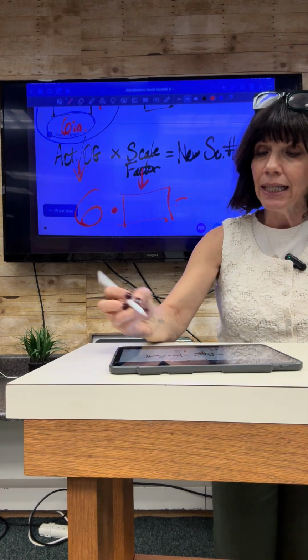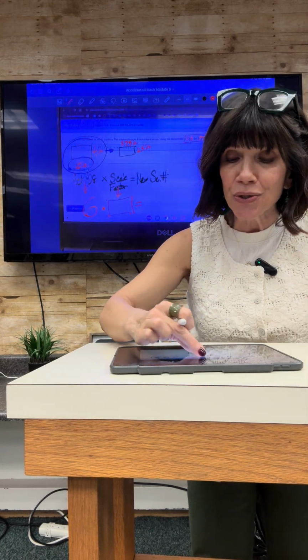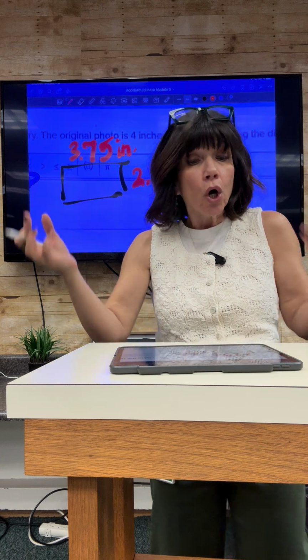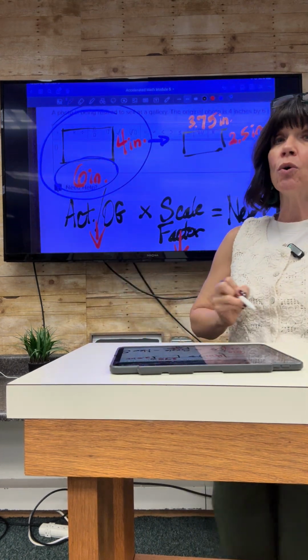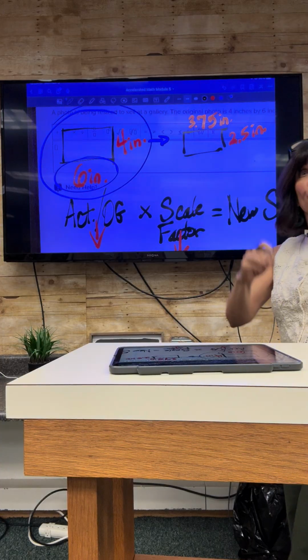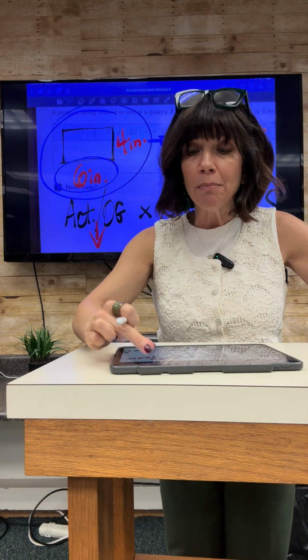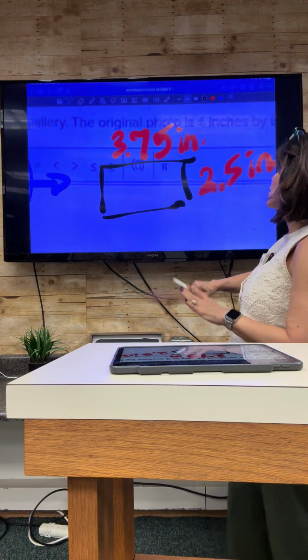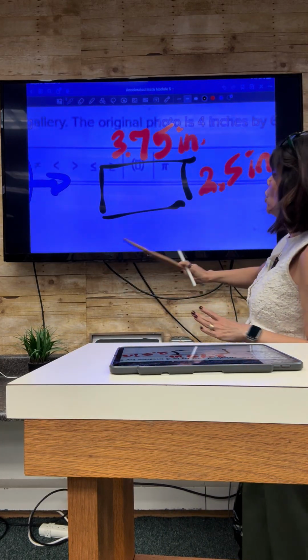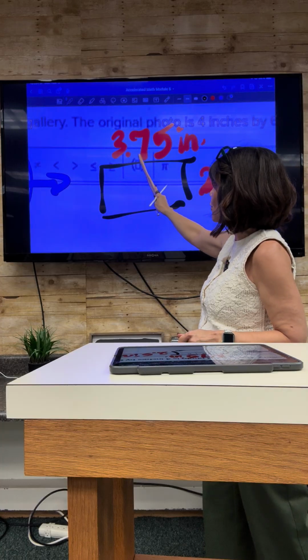Equaling. Now, when I look for my new scaled number, do I just pick either one that I feel like this time? No. Earlier I grabbed the 6. Is that the larger or the smaller number? The larger. So on my new scaled number, am I going to take the smaller number 2.5 or will I take the larger number 3.75?